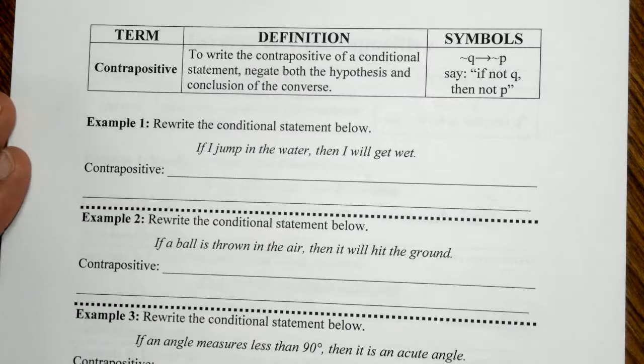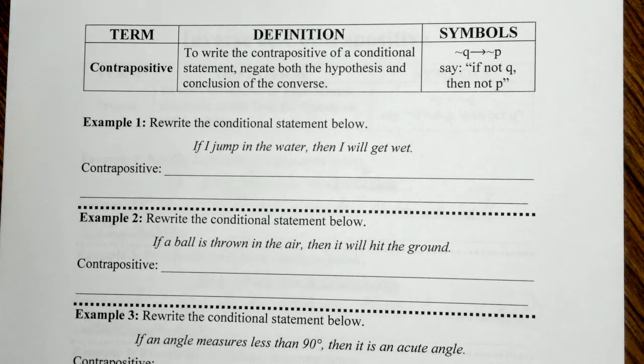The last one that we need to talk about is your contrapositive. I need you to hang tight on the contrapositive, okay? The contrapositive I refer to as if your converse and your inverse had a baby. You have to perform both procedures. You have to switch your hypothesis and conclusion, and you have to negate both of them, okay?